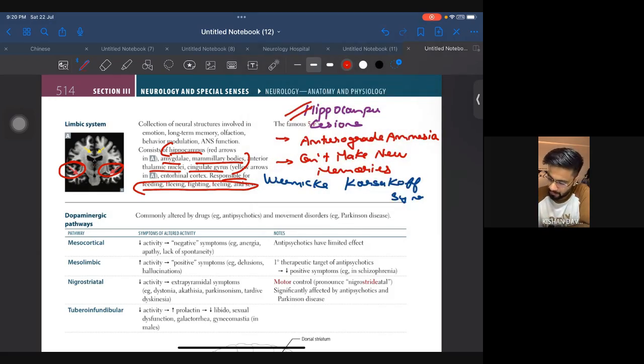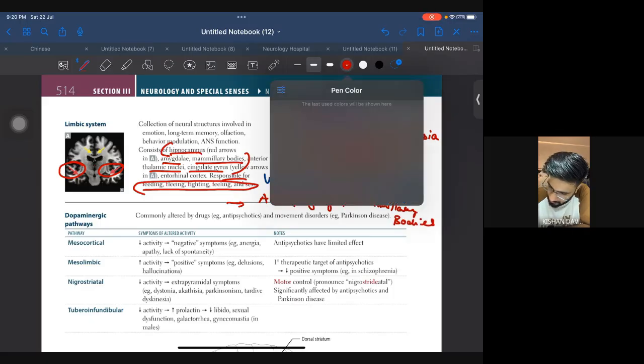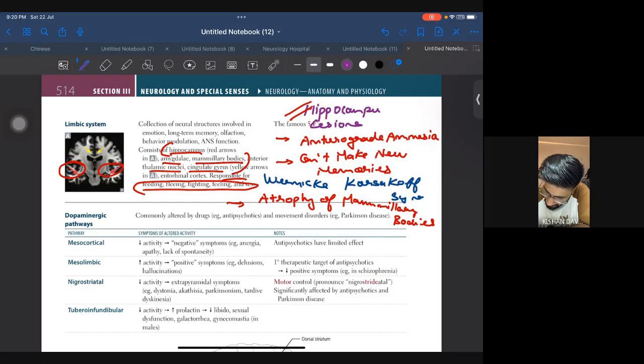Here also the memory is being lost. The problem here is there is atrophy of mammillary bodies. Whereas if they are talking about the hippocampus, think about anterograde amnesia.